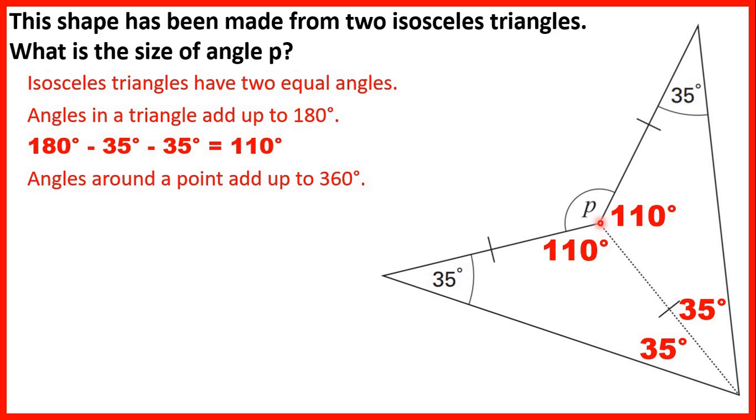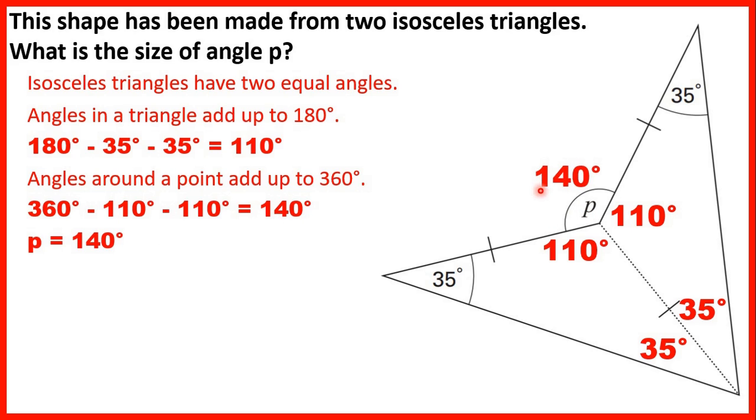So we have a point here, and if we have 110 and 110, that's 220 altogether. So if we subtract that from 360, we get 140. So angle P is 140 degrees.